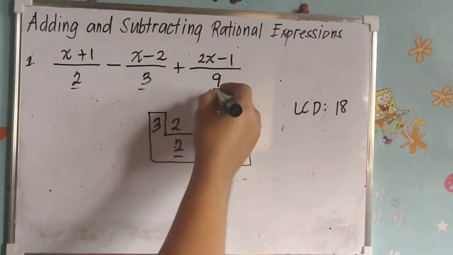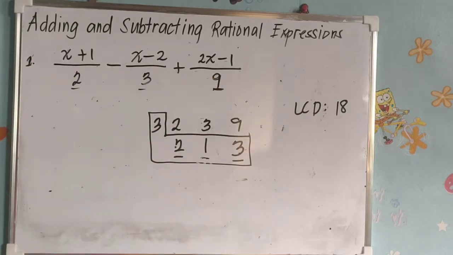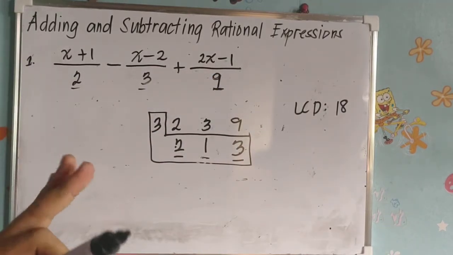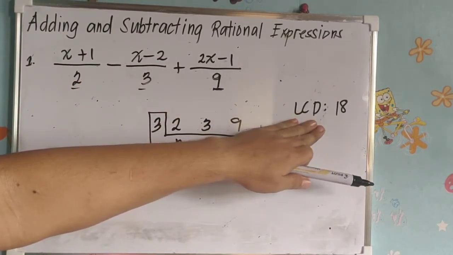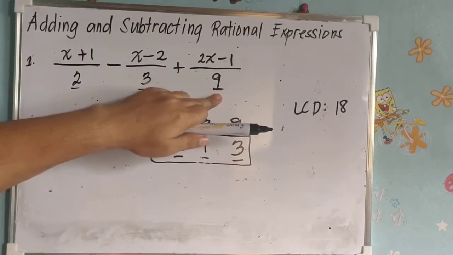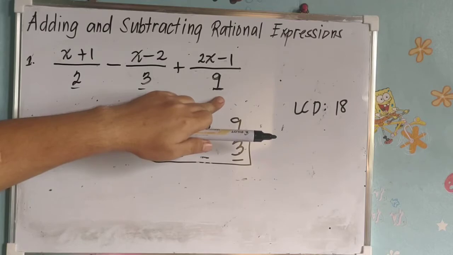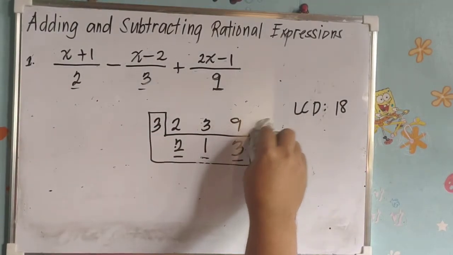If it is lower than the highest number, how can we divide 9 exactly without any remainder? So you need to remember that the LCD should be equal to or higher than the highest number in the denominator.